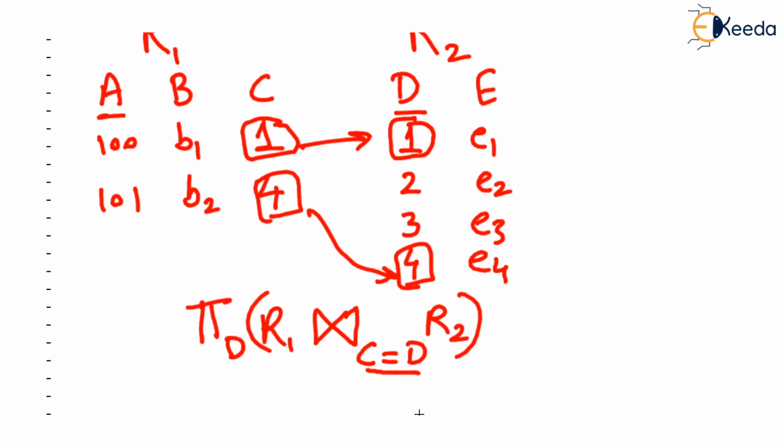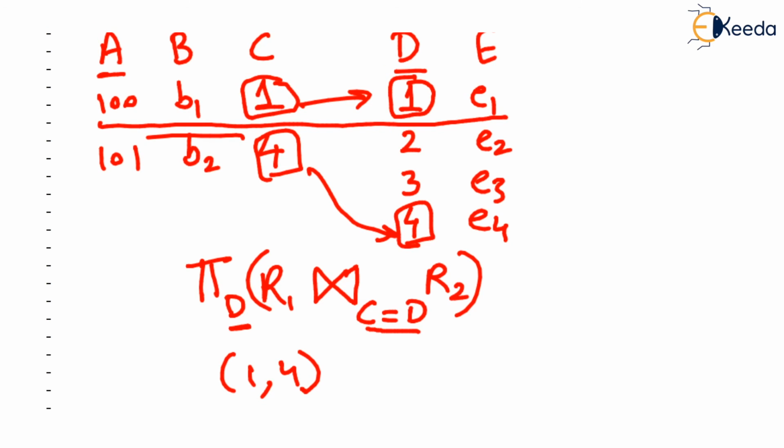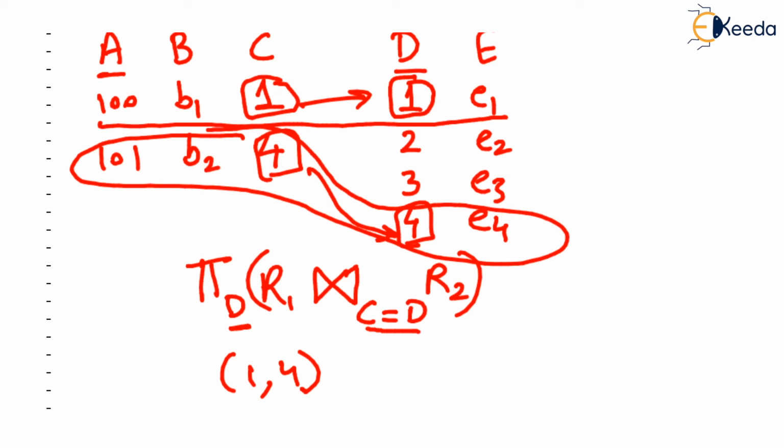And finally, we are projecting only D from this. So D projected will be 1 and 4. I hope you are understanding. This entire row will be in the result of the join, and this entire row will be there in the join result. And then we are finally projecting D. So D is 1 and 4. So this also is not going to produce an empty relation.